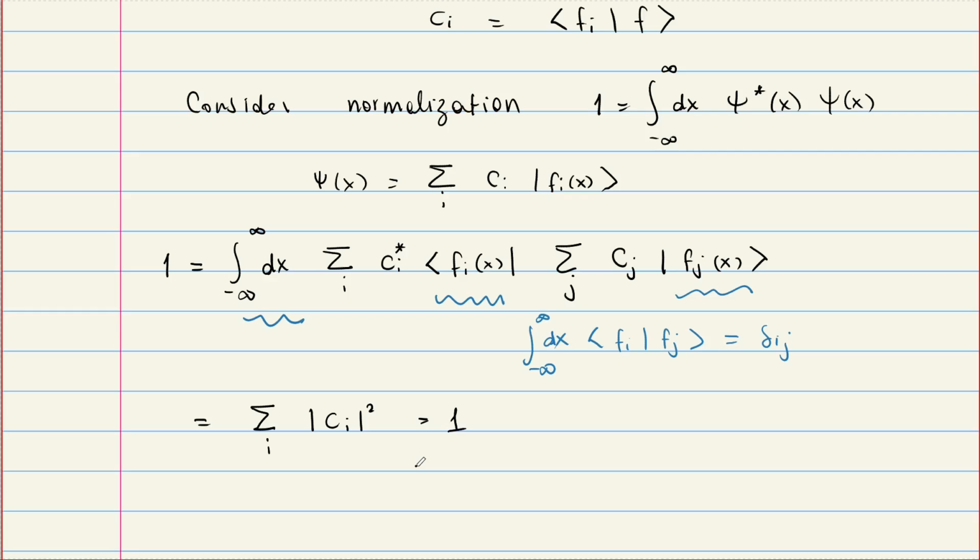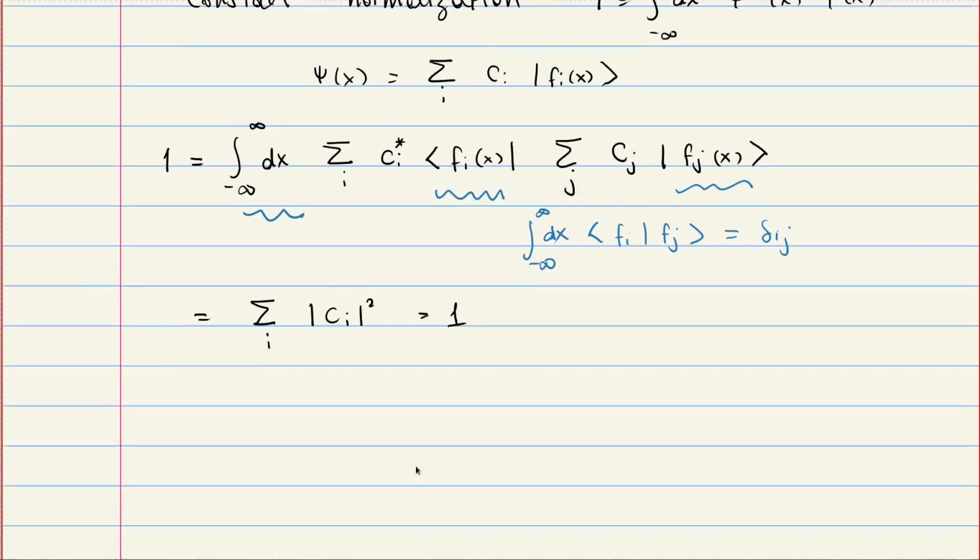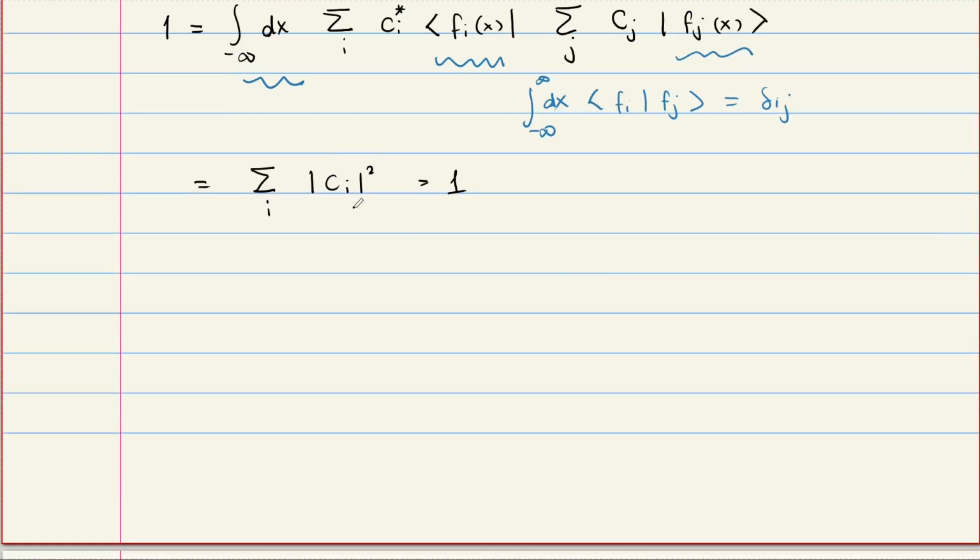But now I want to do something a little bit different. So what was the expansion coefficient? Let's run the calculation backwards to get a different result. The expansion coefficient was this integral dx of the basis function Fi star times the original function. This is how we find the expansion coefficient.